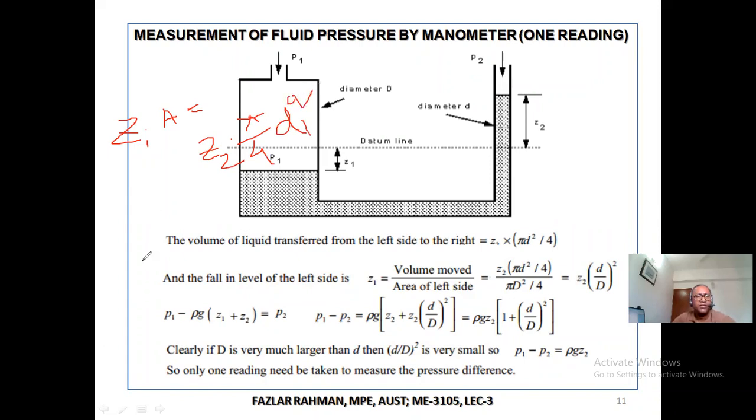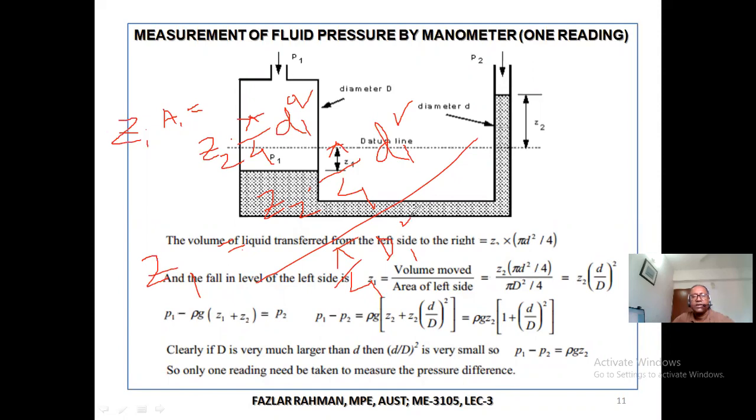So similarly, Z1 will be equal to this value, Z2 times pi by 4 d square divided by the area of tank 1. What is the area? Pi by 4 D whole square.